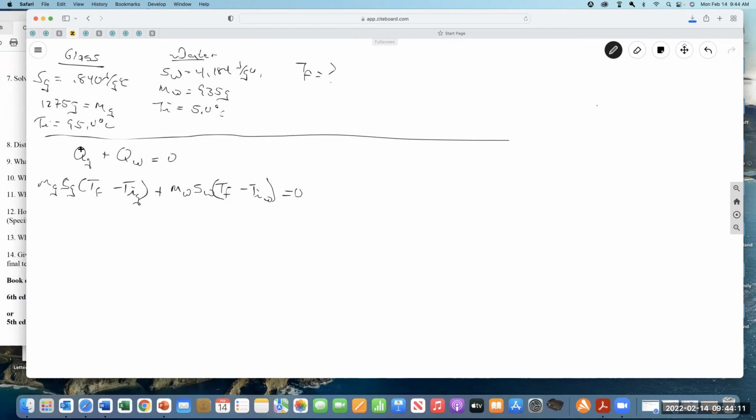So now I'm going to plug in the numbers. 1,275 grams, 0.8. I didn't do this step last time because I was a little short on time. I didn't make the list, and that does help avoid putting the wrong numbers in the wrong place. The TI of the glass is 95.